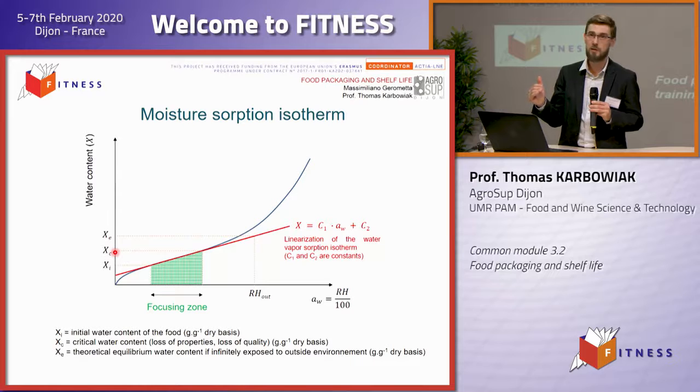That could mean just a threshold of water for microbiological growth, or a threshold of water for quality change, such as texture, for example, different things. It's up to you to define this value. And the last value is, if there is no packaging, the equilibrium value of the food in the environment you will put it.